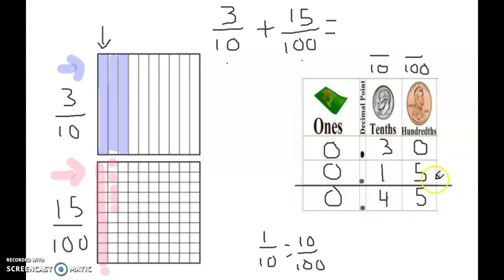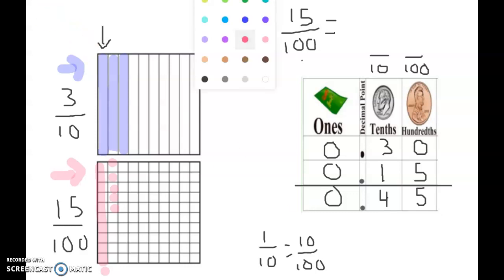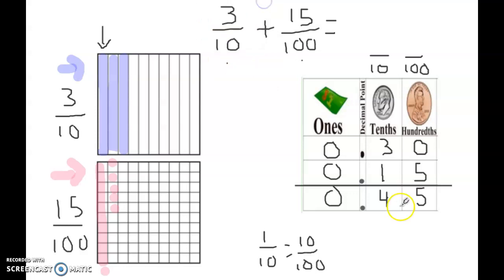That means I need to be able to read this decimal to myself so I can write it as a fraction. Because your decimal form and your fraction form, when you read them, should sound the same. So what I'm going to do is look at this number after my decimal. Since there's no ones, I don't need to worry about reading that. So I have 45.